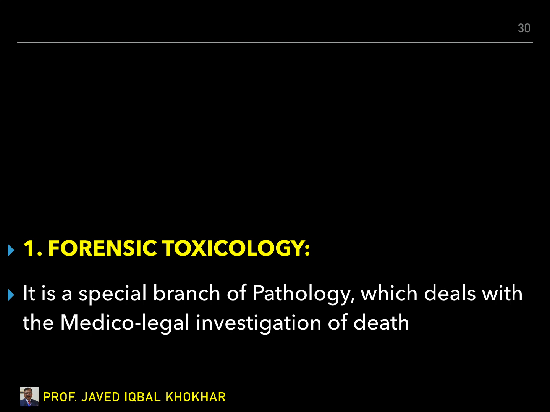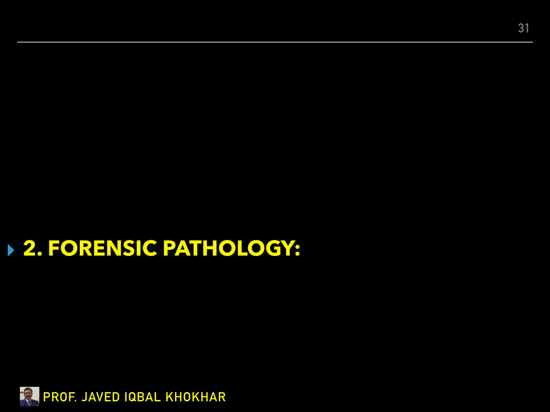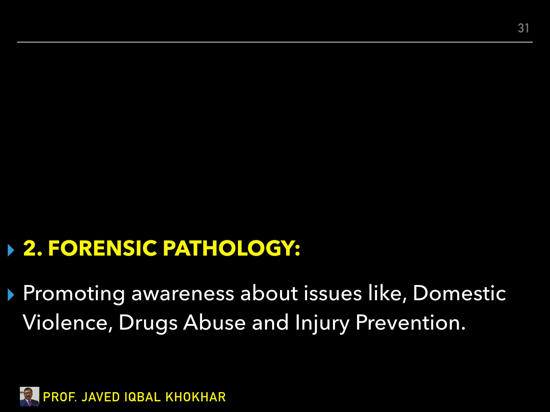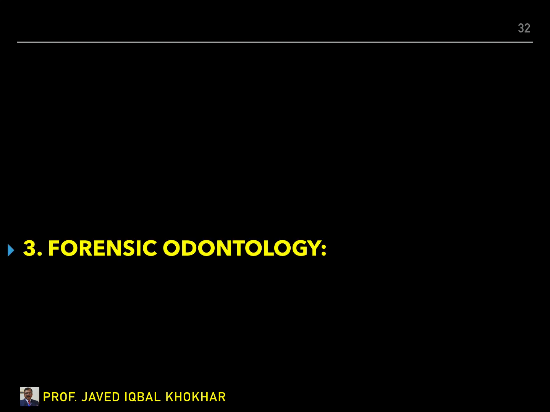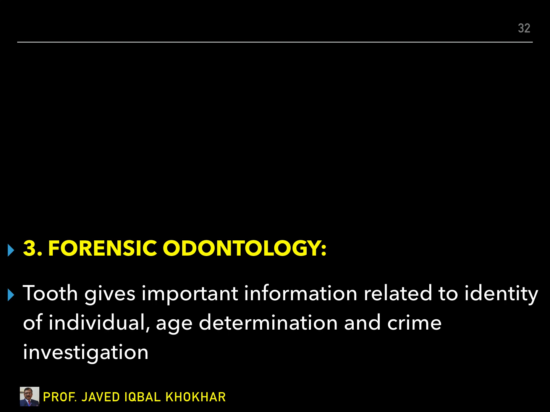So forensic pathology is basically the branch of pathology which deals with the medical legal investigation of death. And forensic toxicology promotes awareness about issues like domestic violence, drug abuse, and injury prevention. And forensic odontology: the teeth give very important information regarding injury, age determination, or crime investigation.